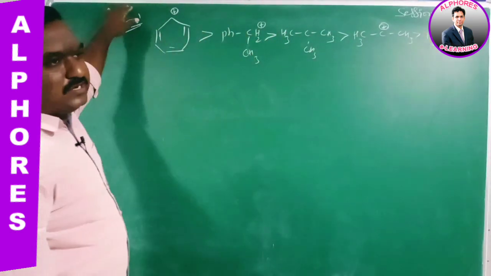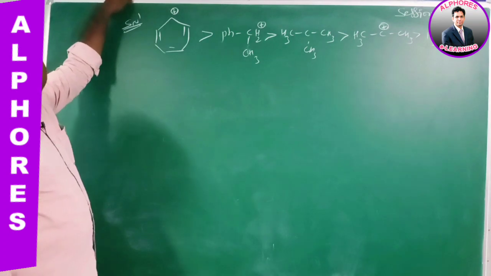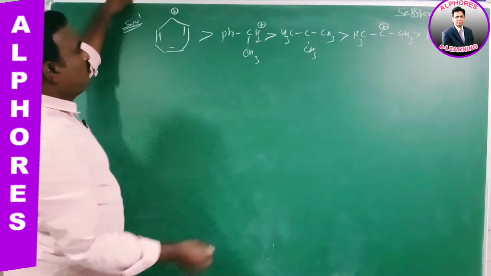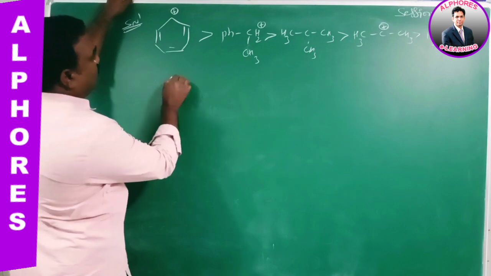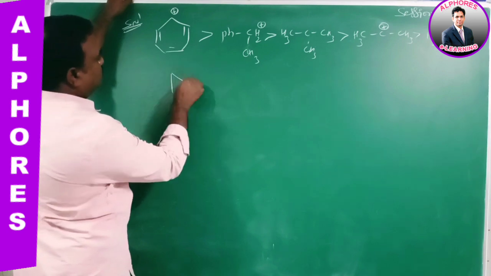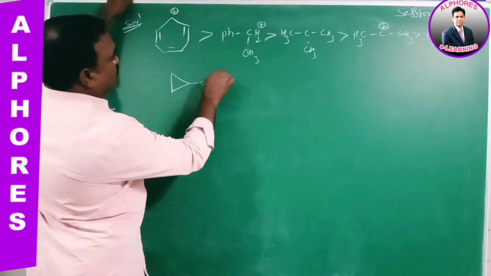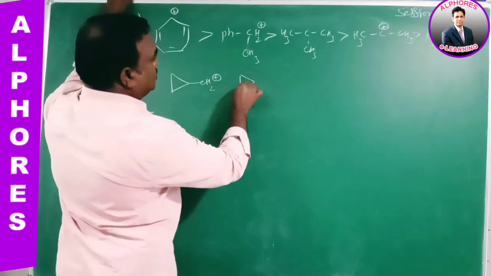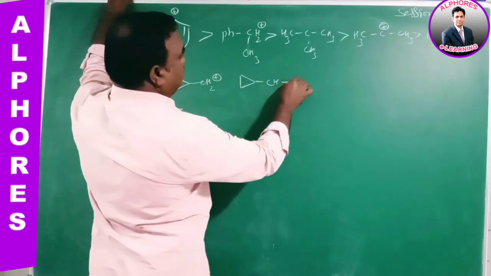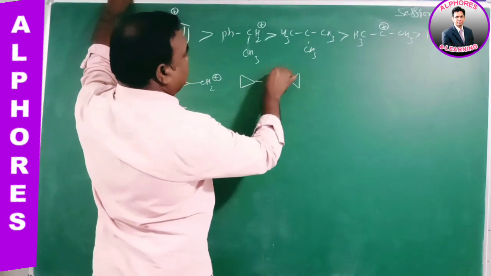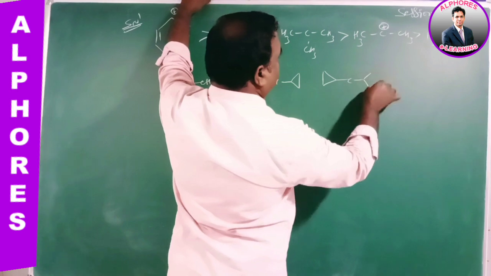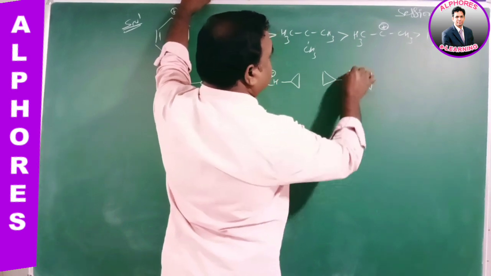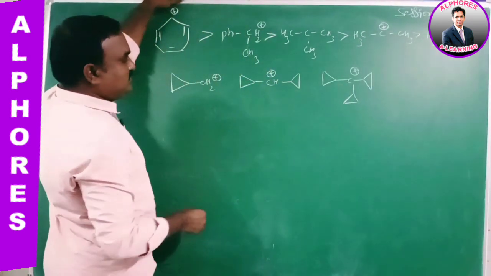In SN1 reactions, for example here, a compound is given like this. CH2+ is given. Here CH+ is given.